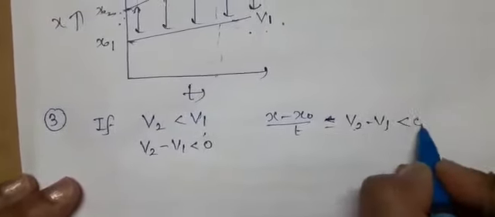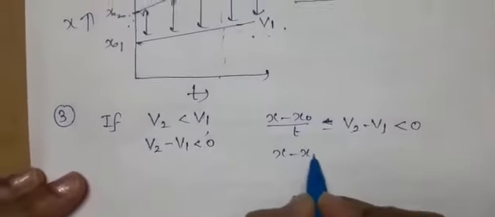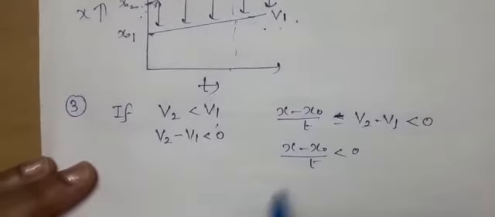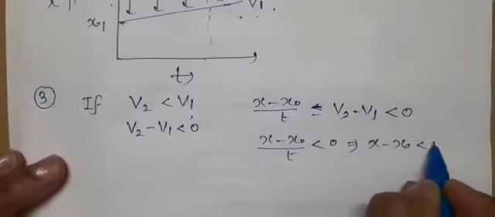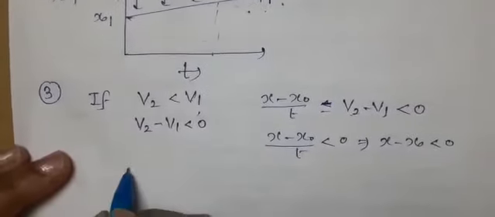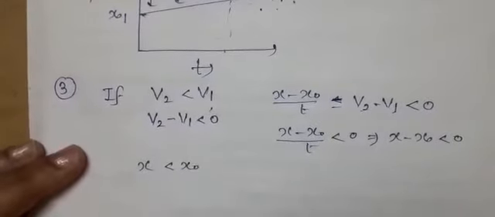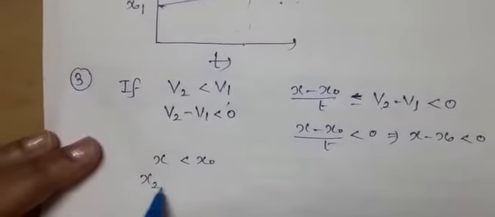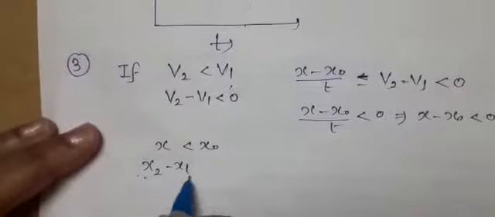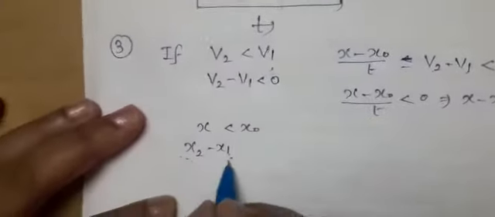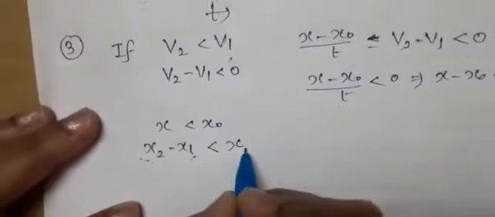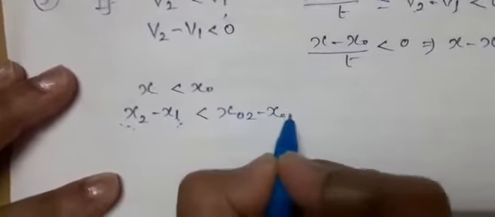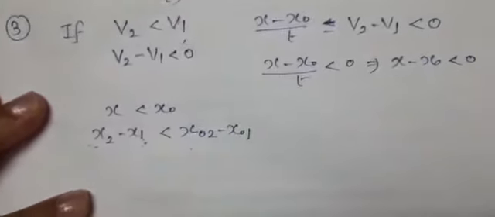Now this is less than 0, so I will conclude that this will be less than 0. It implies that x minus x naught is less than 0, means x is less than x naught. That is, x2 minus x1, the relative position difference between the two bodies after time t, will be less than the relative distance between the bodies when the motion started.